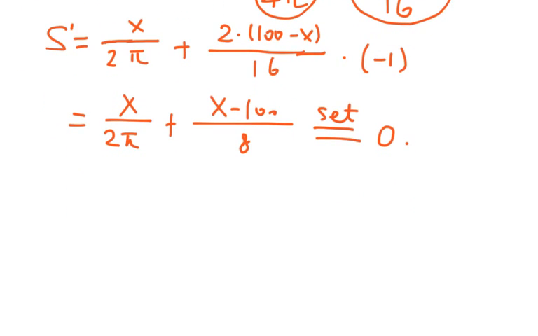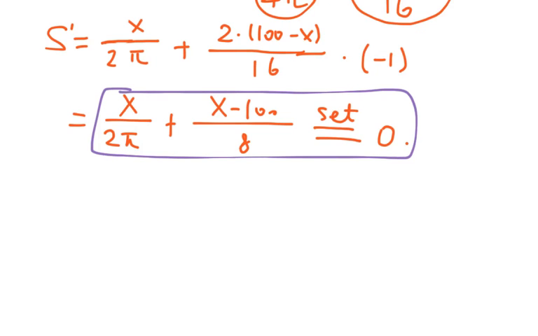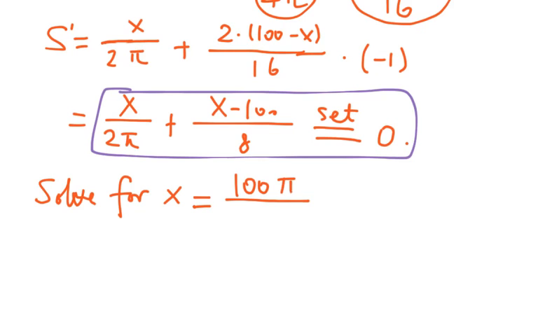And then if we solve this equation for x, we will have x equal to 100 pi over (4 plus pi). And this is about 43.99.